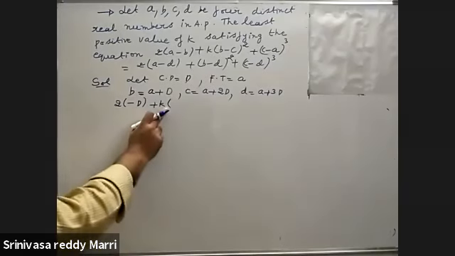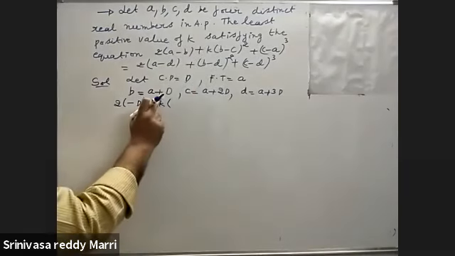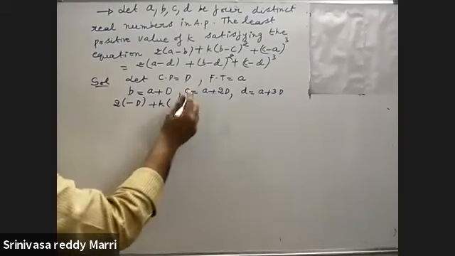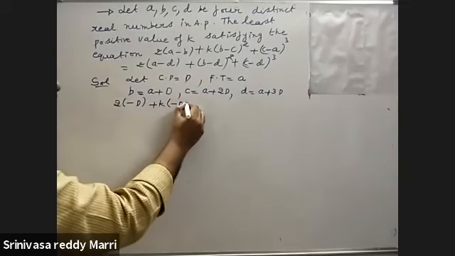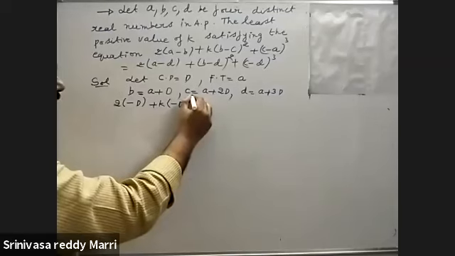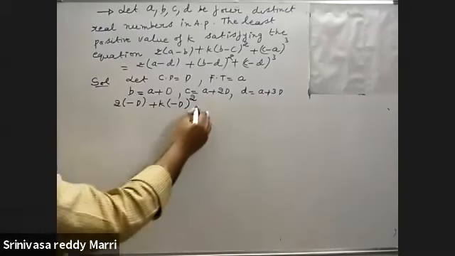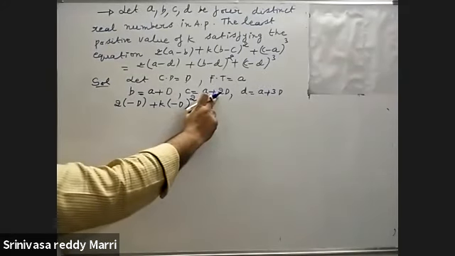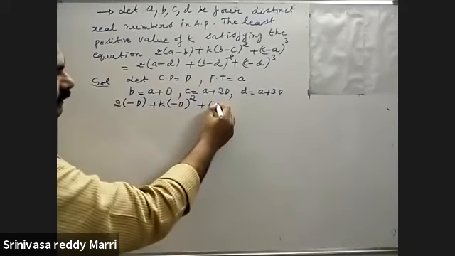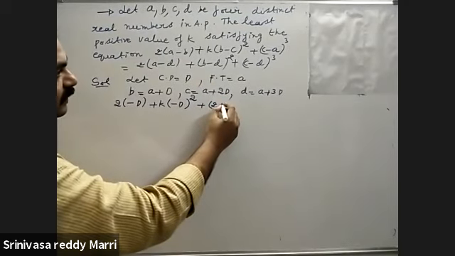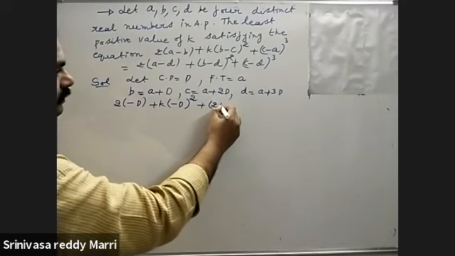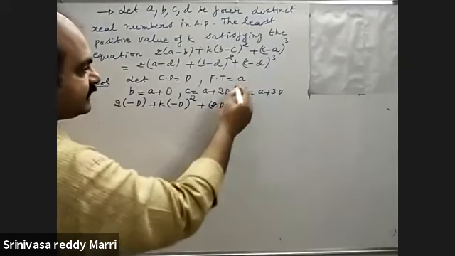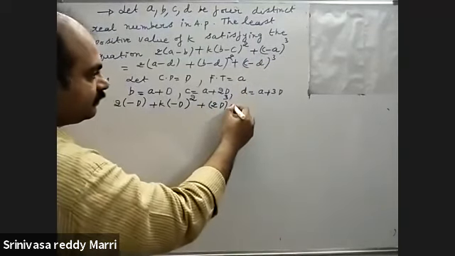B minus C is minus D, so minus D whole square. Plus (C minus A): C means A plus 2D minus A, that means 2D, so (C minus A) whole cube is 2D whole cube. Just writing those.